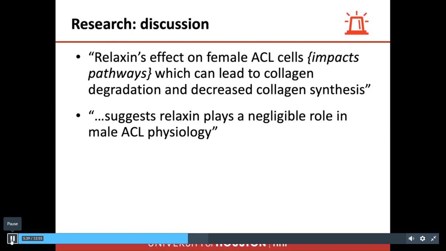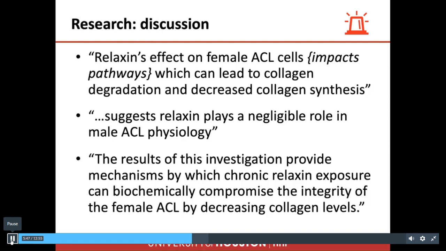So relaxin is only having an effect in the female cells because it affects these pathways. The results of this investigation provide mechanisms by which chronic relaxin exposure can biochemically compromise the integrity of the female ACL by decreasing collagen levels. So again, it didn't act on the pathways of the males with ACL injuries, only the females.